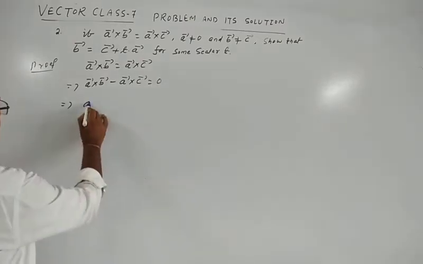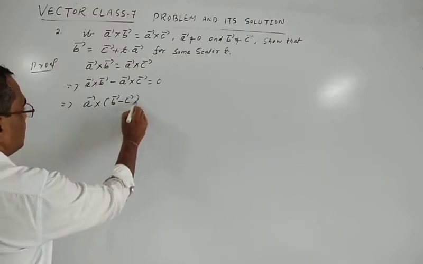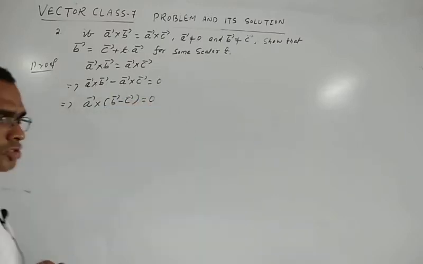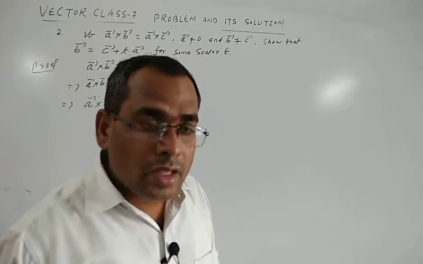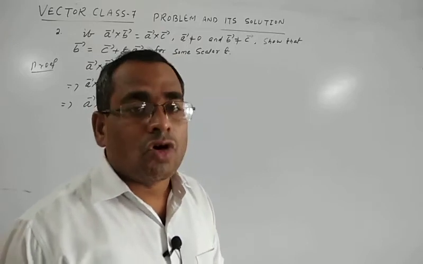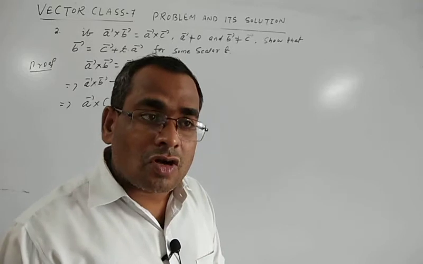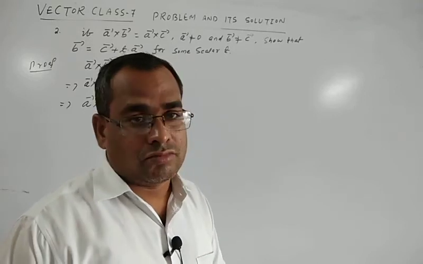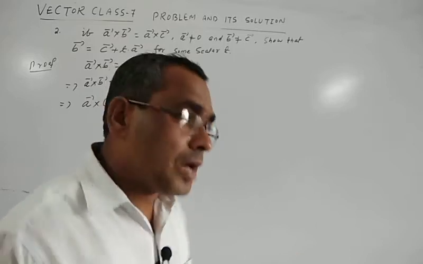That implies a vector cross (b vector minus c vector) is equal to 0. So what is the condition for two vectors to be parallel? If two vectors are parallel, then their cross product is 0. Also, if the cross product of two vectors is equal to 0, then those vectors must be parallel.